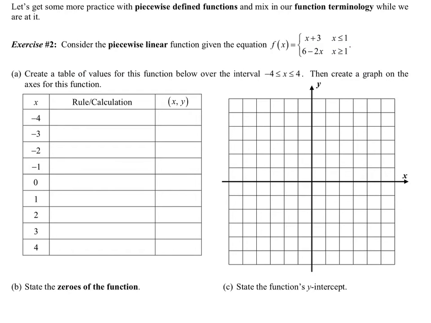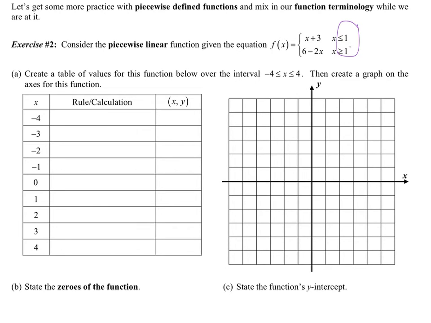So let's get some more practice with piecewise defined functions and mix in our function terminology while we're at it. So consider the piecewise linear function given by the equation f of x. When x is less than or equal to 1, you use x plus 3. And when x is more than or equal to 1, you use 6 minus 2x. You'll notice that both of them include 1.